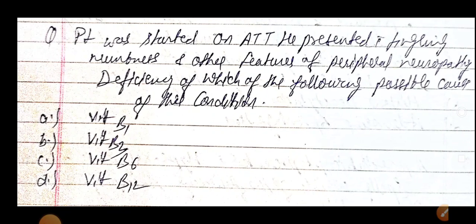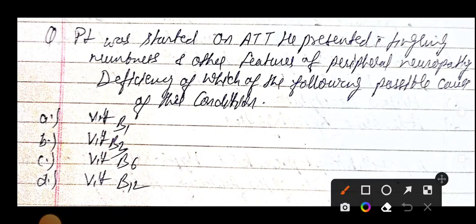You can make notes. Patient was started on ATT, anti-tubercular therapy. He presented with tingling, numbness, and other features of peripheral neuropathy. Deficiency of which of the following is a possible cause of this condition? Vitamin B1, vitamin B3, vitamin B6, vitamin B12. So guys, a patient on anti-tubercular therapy is more prone to develop vitamin B6 deficiency, and vitamin B6 is pyridoxine.